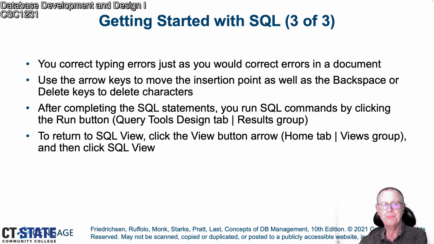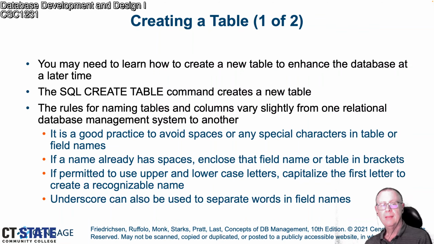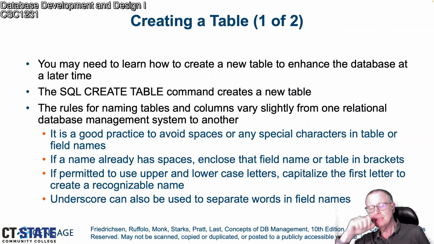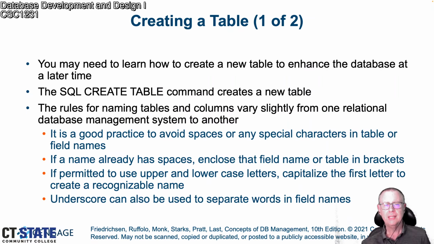And when you think you've got the query correct, you can change the view to see the results. So probably the first thing you might want to do if you've got a blank database is to create a table. And funnily enough, the SQL for making a table is just called create table.